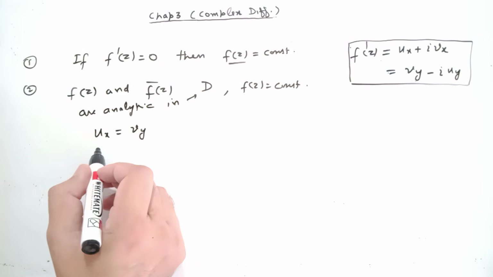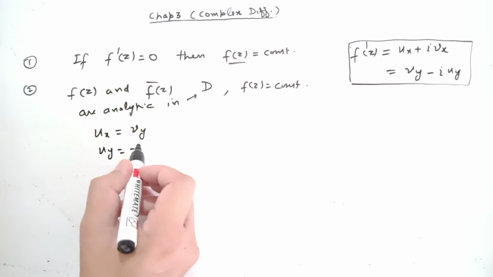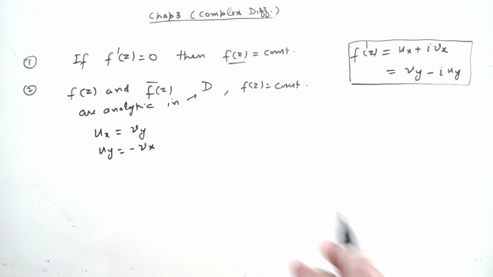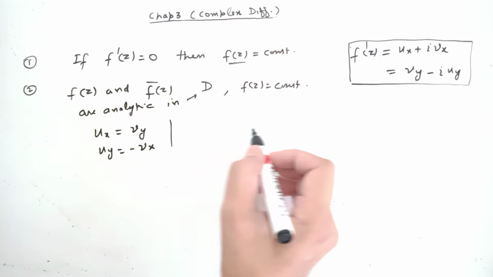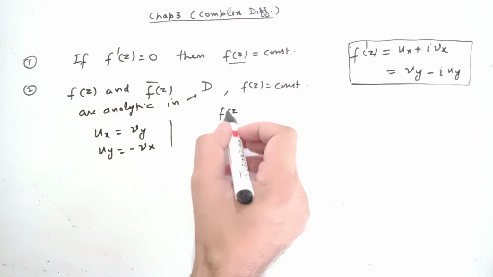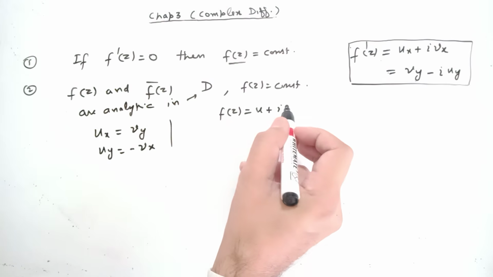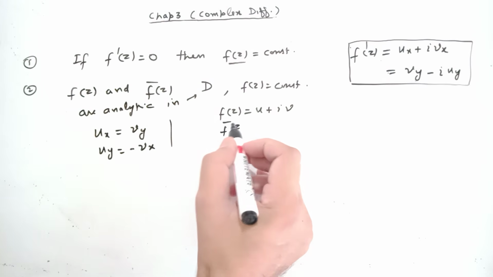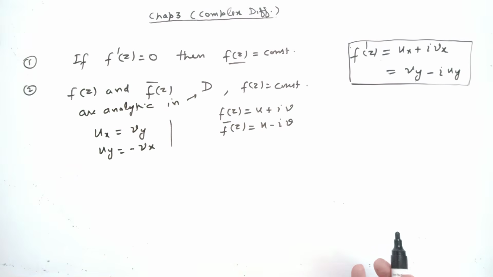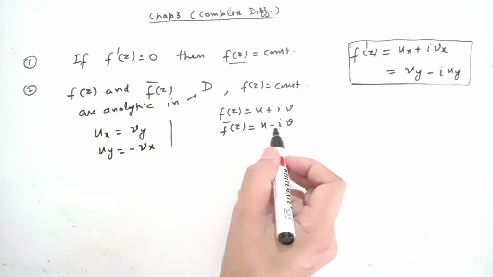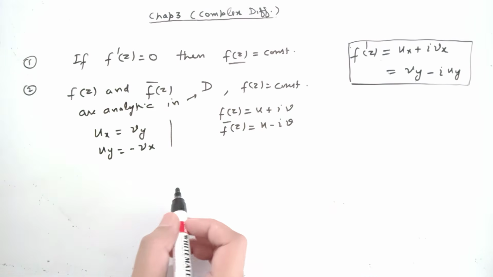So ux equal to vy, uy equal to minus vx. These are satisfied because f(z) is analytic, as given. f bar z is also analytic. If f(z) is u plus iota v, what is f bar z? u minus iota v. So this is also analytic. It means for this also the CR equations are satisfied.